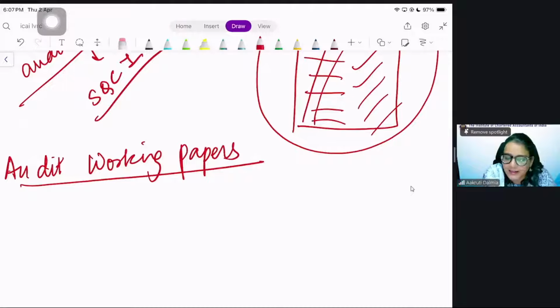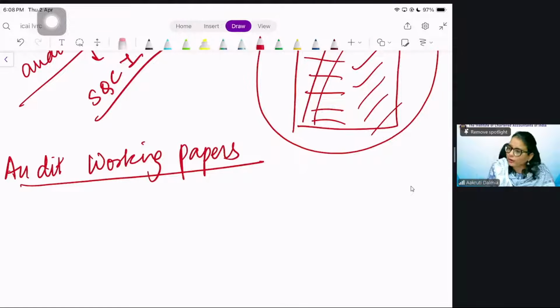Here I am getting some mixed answers. Someone is saying no, few are saying yes. The correct answer is yes, audit planning. So whether it is your audit strategy, audit planning, or audit program, everything will be a part of audit documentation.